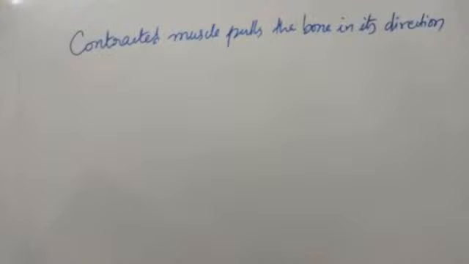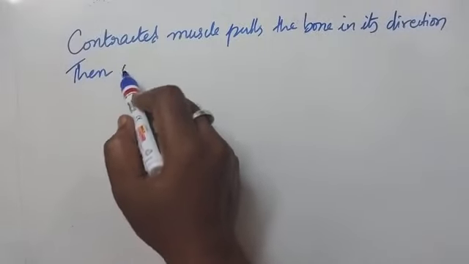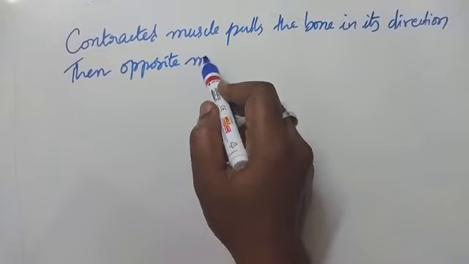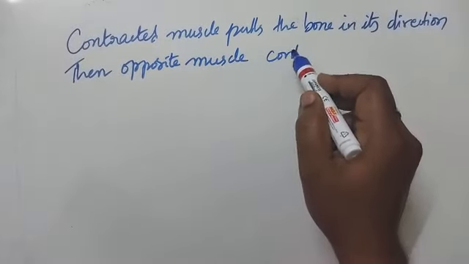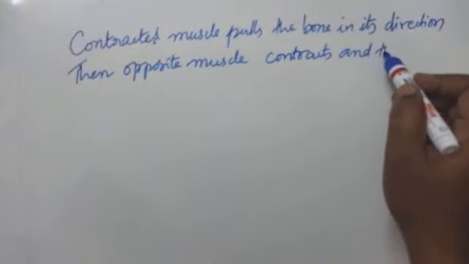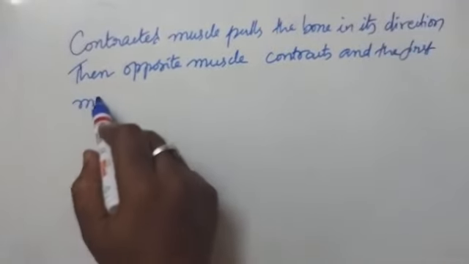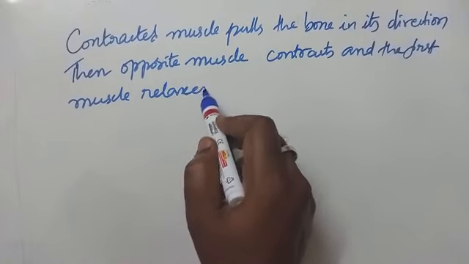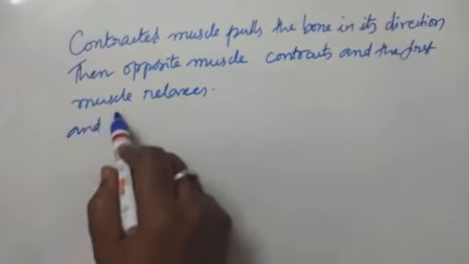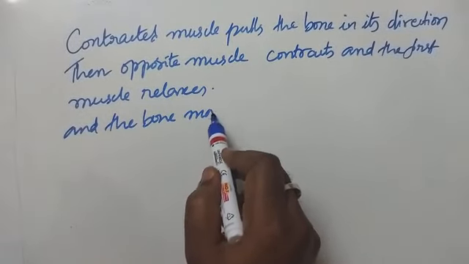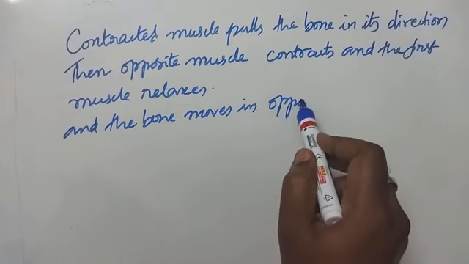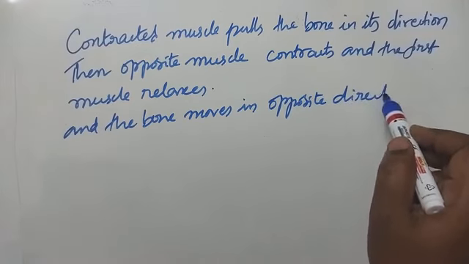Then the opposite muscle contracts and the first muscle relaxes, and the bone moves in the opposite direction.